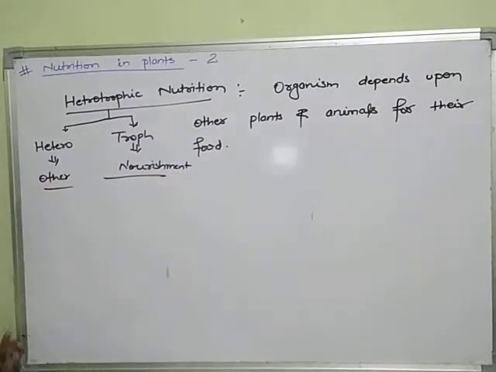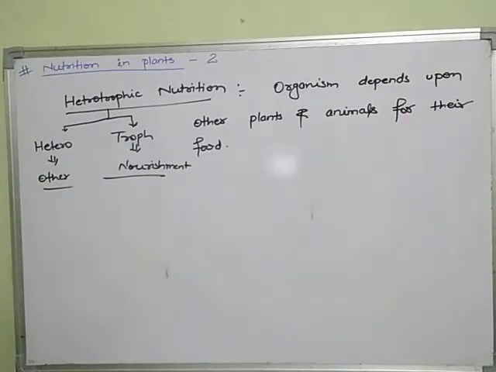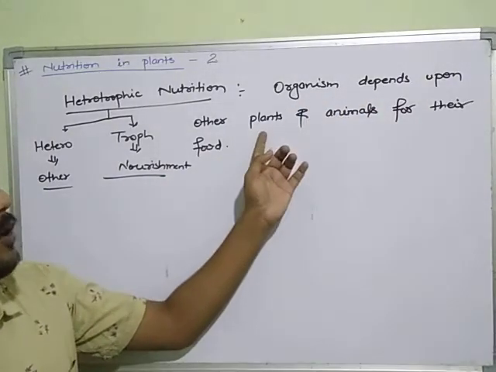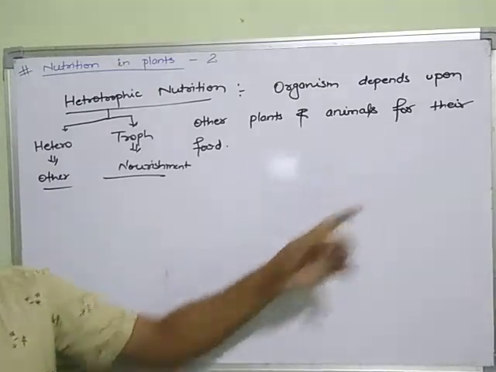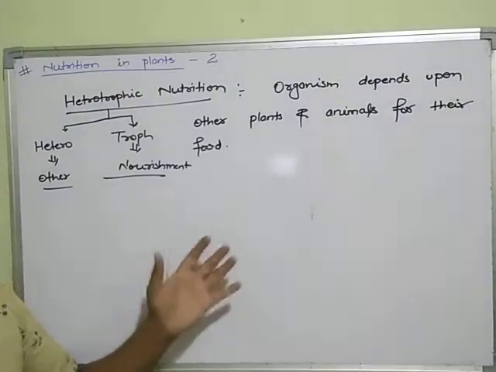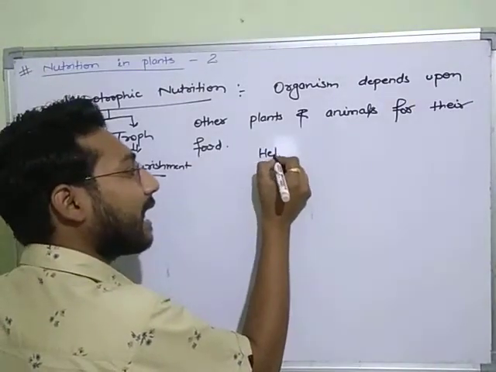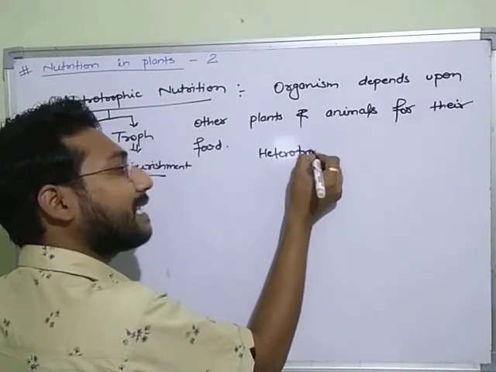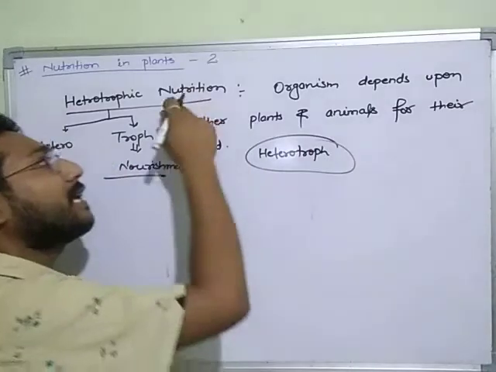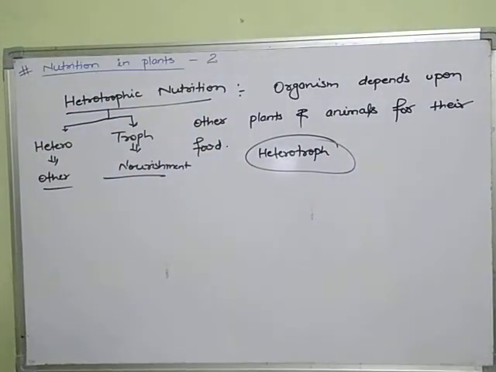So those are called heterotrophs, which depend upon other plants and animals for their food. That organism is called heterotrophs, and that type of nutrition is called heterotrophic nutrition.